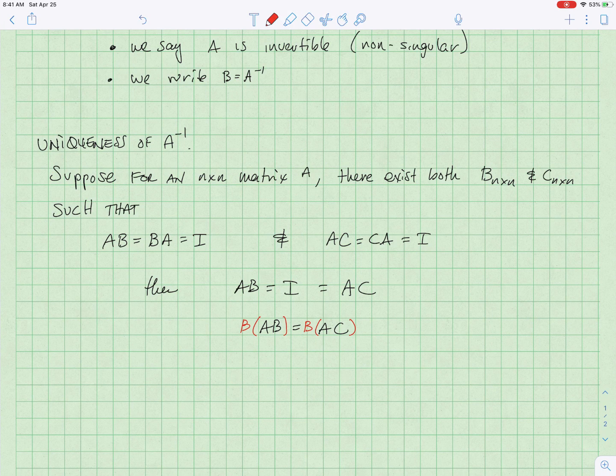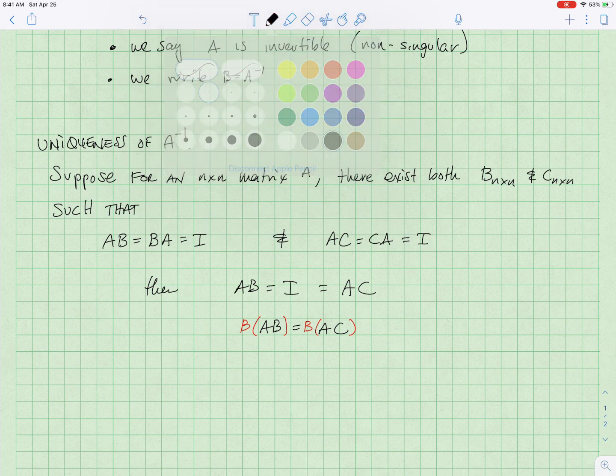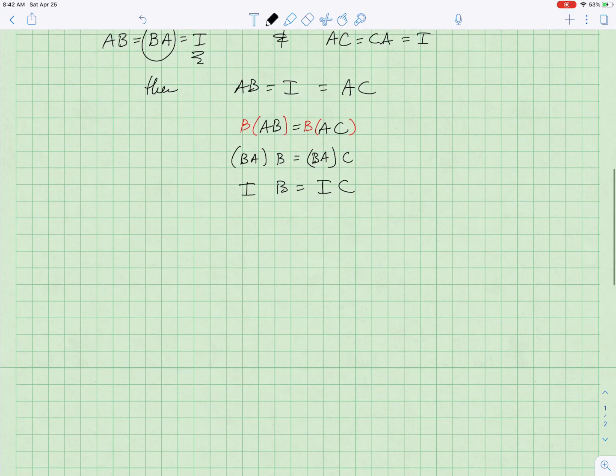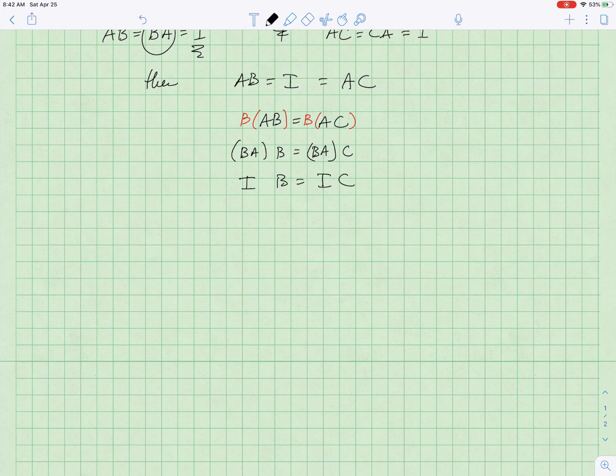I get the following. I can regroup this as BA times B is equal to BA times C. But I've already assumed that BA is equal to the identity matrix. So this is I times B is equal to I times C. But we know that the property of the identity matrix is, when defined, I times a given matrix is that matrix. And so this is equal to B, and this side is equal to C. And B is equal to C.